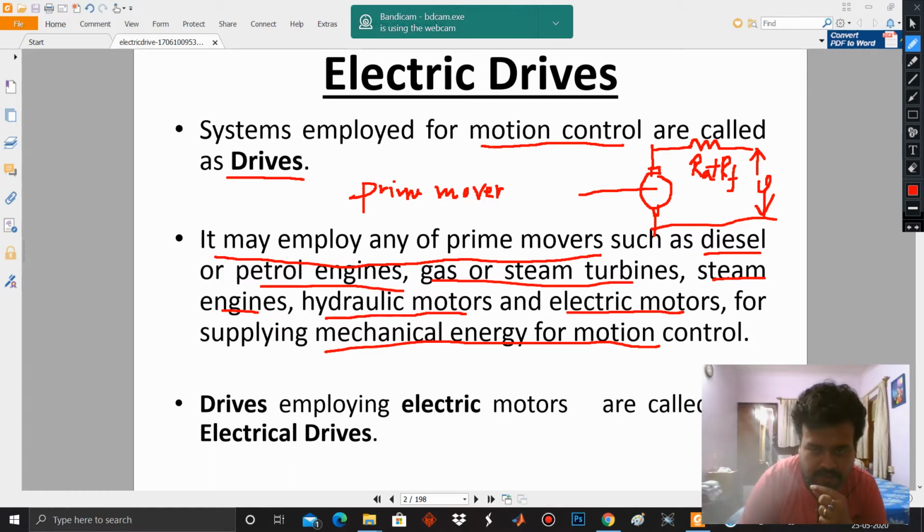Now, the part of the machine which is supplying the mechanical energy, what are the inputs? It is tau and omega, that means the torque and the speed. You are applying this by means of diesel or petrol engines, gas or steam turbines, steam engines, hydraulic motors, and electric motors for supplying mechanical energy for motion control. So this is a very important term: motion control.